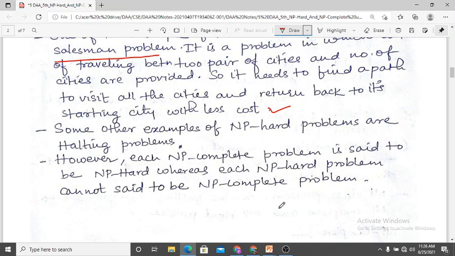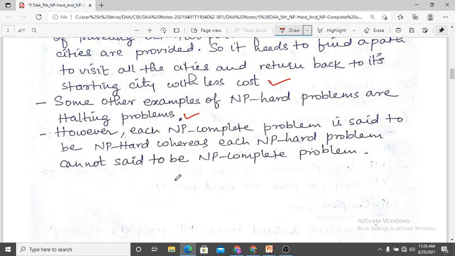Some other examples of NP-hard problems are the halting problem. Okay, that is one type of problem, but it is not in your syllabus. However, each NP-complete problem is said to be NP-hard, whereas each NP-hard problem cannot be said to be NP-complete.